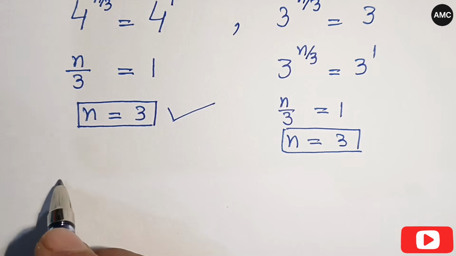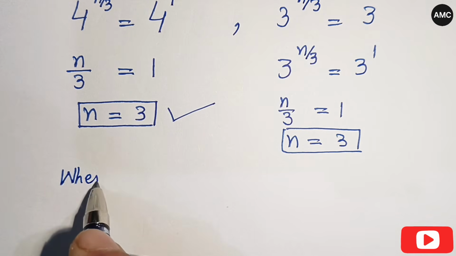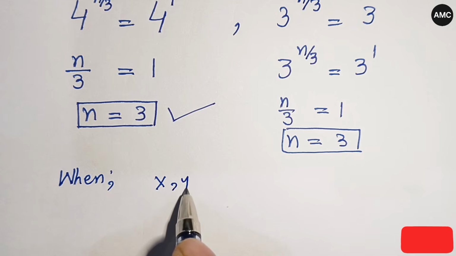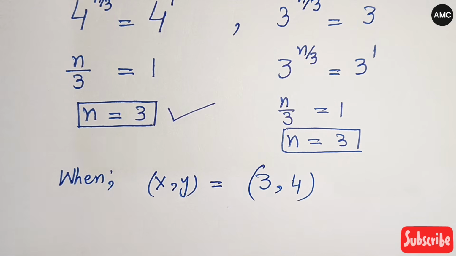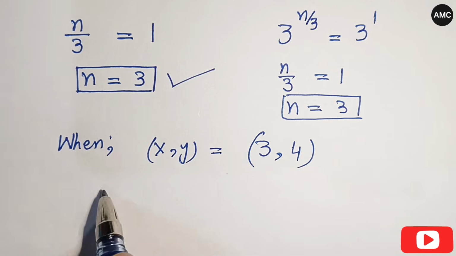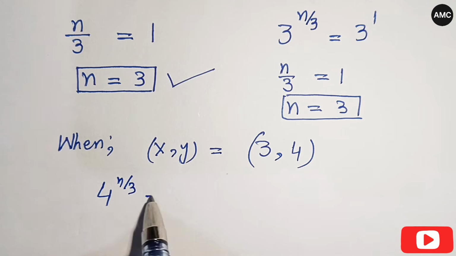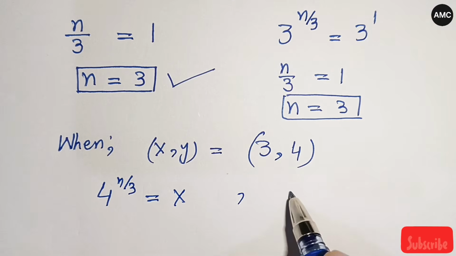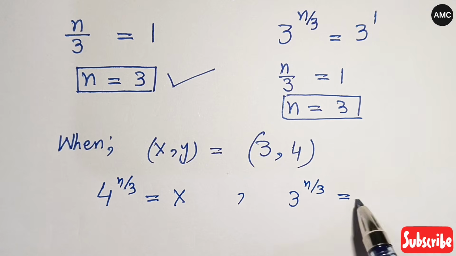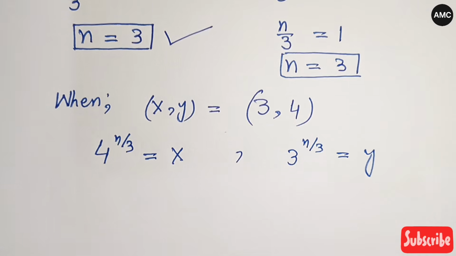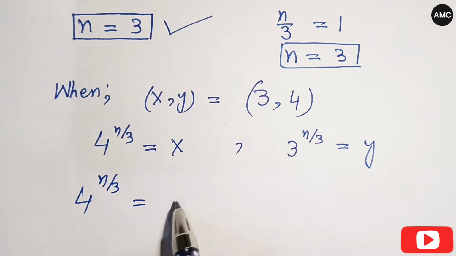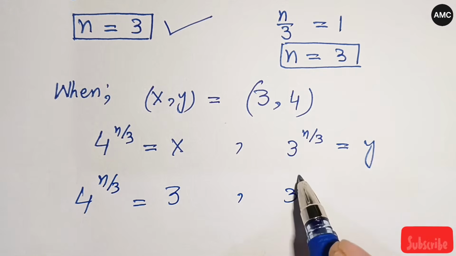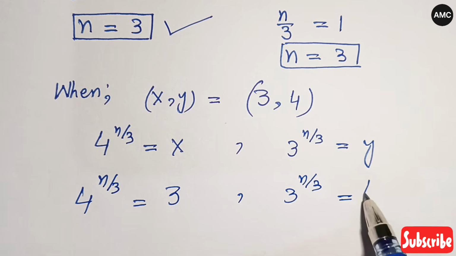So if we use our second pair, when x and y are equal to 3 and 4, now 4 to the power n over 3 is equal to x, and 3 to the power n over 3 is equal to y. Here 4 to the power n over 3 is equal to x, which is now 3, and y is 4.